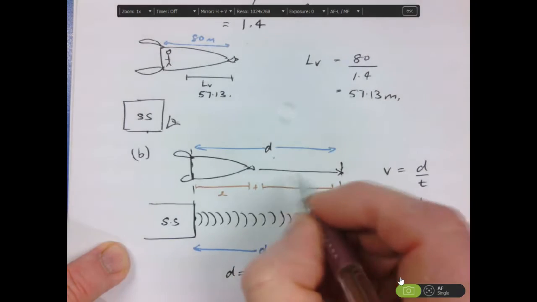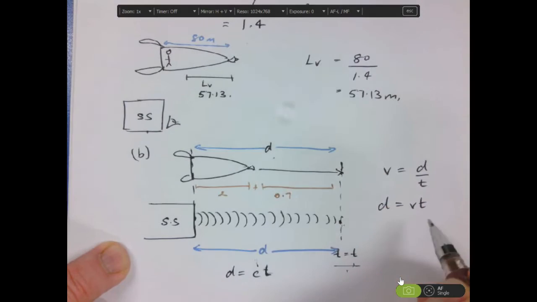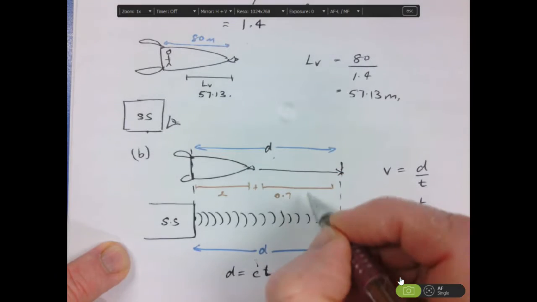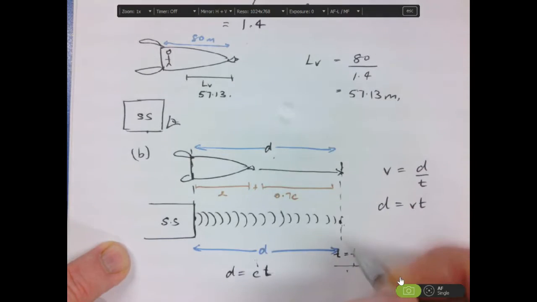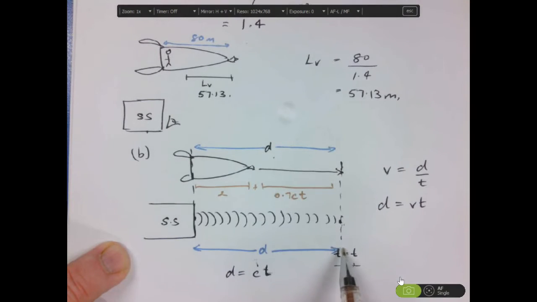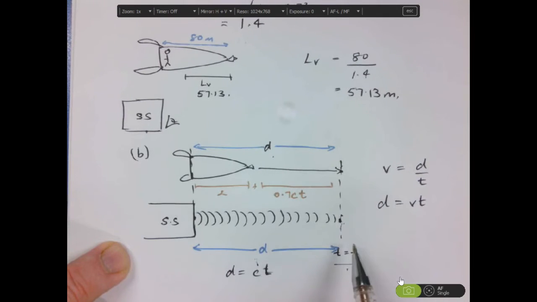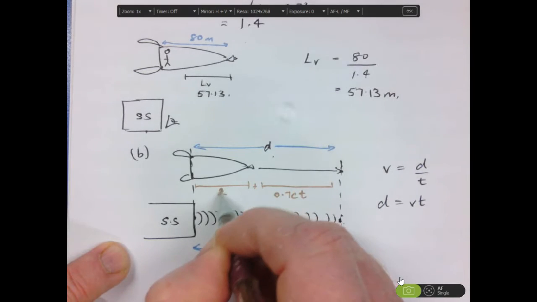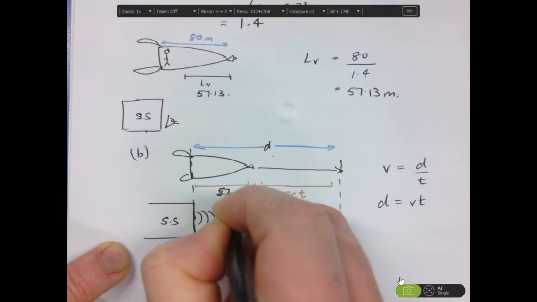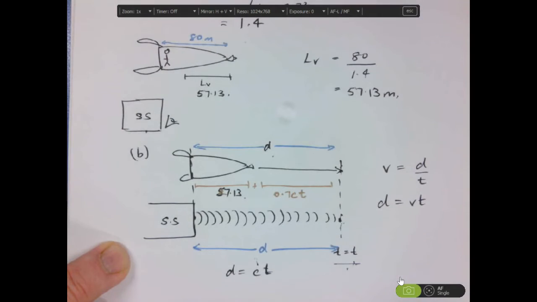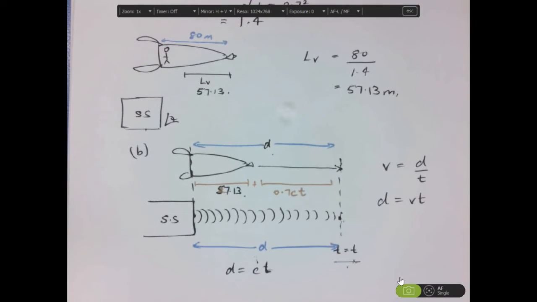Now, this distance is 0.7 c, that's the speed, because it is not the speed of light, times the time taken for the entire actual passage of time, which we're saying is t. Remember, it's already got a little head start, and this head start is 57.13 meters.